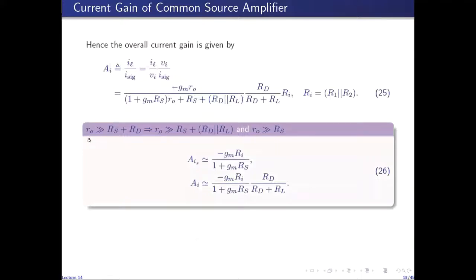Again, using these reasonable assumptions, we can approximate short circuit and loaded current gains. So small R naught can be assumed to be much greater than RS plus RD, which implies that it is much greater than RS plus RD in parallel with RL, because this factor is smaller than RD. And this also implies that small R naught is much greater than RS.